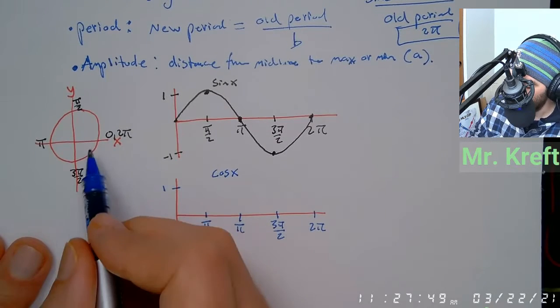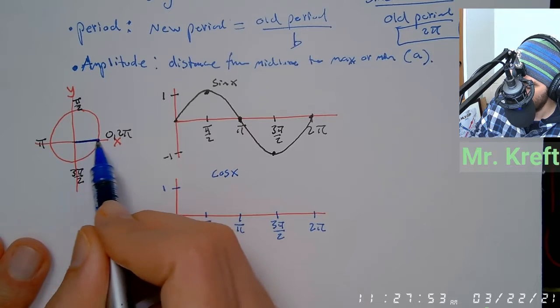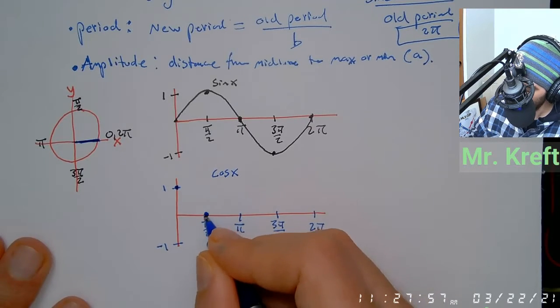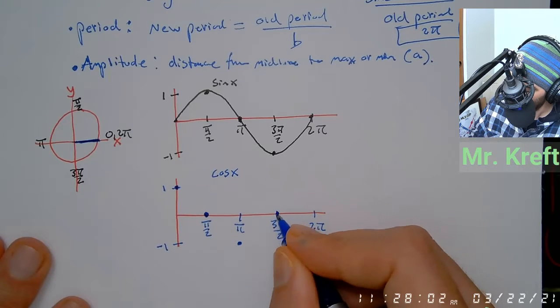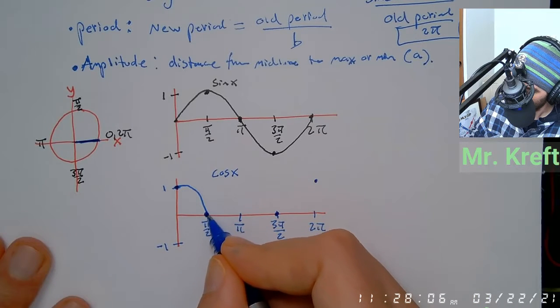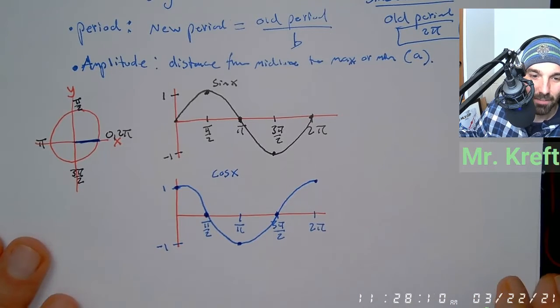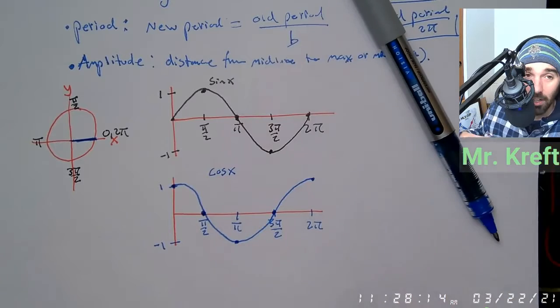So I start out at my max radius. So I start out at 1. At pi over 2, I don't have any width. At pi, I'm at -1. At 3 pi over 2, I'm at 0 again. And at 2 pi, I'm at 1. So again, we get some curvature going on here. Some concavity, if you want those fancy words. And then we got cosine of x.